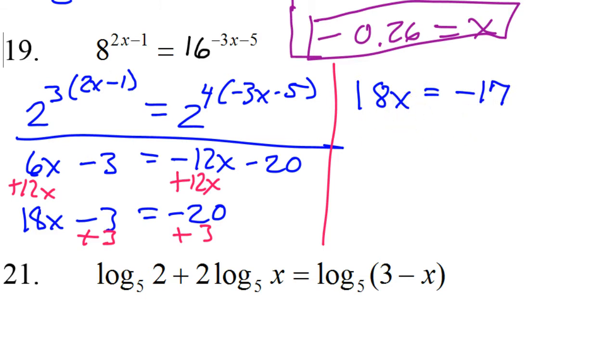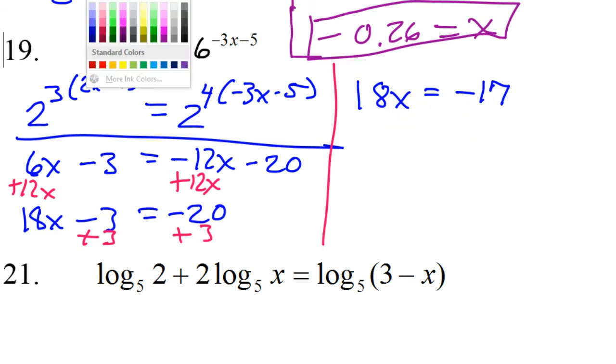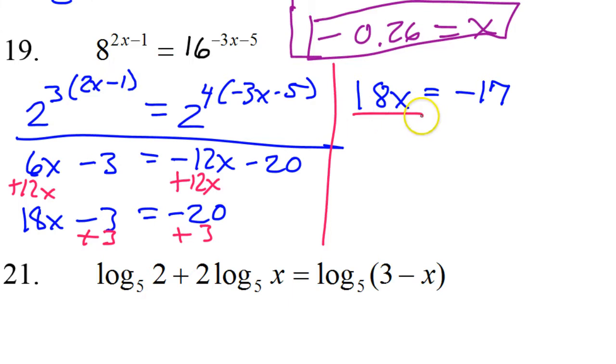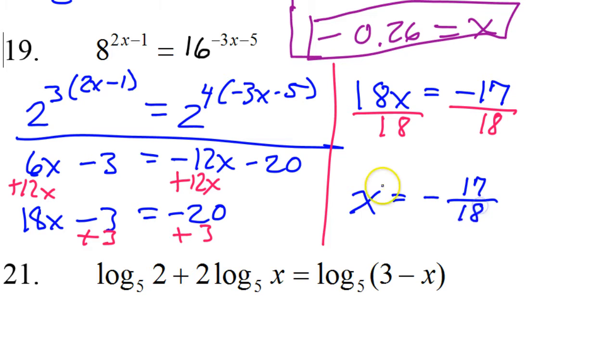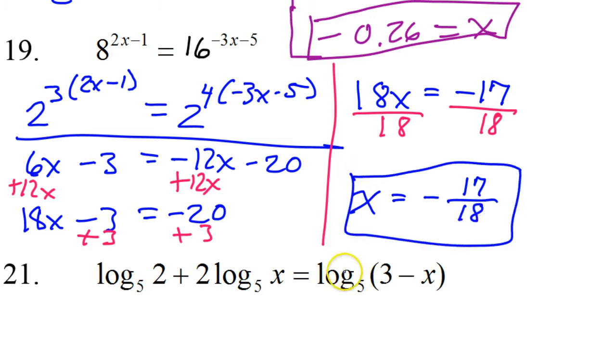And I will divide both sides by 18. And there's no need to make a decimal. You can just write x equals negative 17 over 18. All right, any questions about number 19?